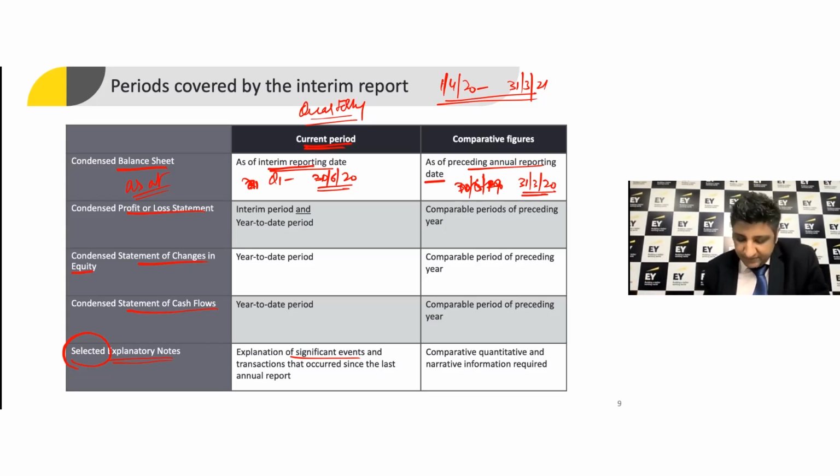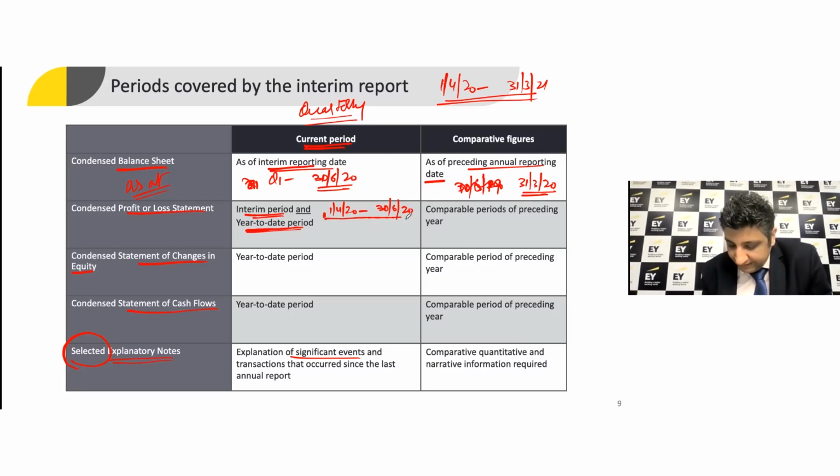But as far as my P&L is concerned, I need to do an additional effort. I need to prepare two sets of P&Ls, which are basically from 1st of April 20 to 30th of June 20, and also a YTD period, which is, by the way, the same.